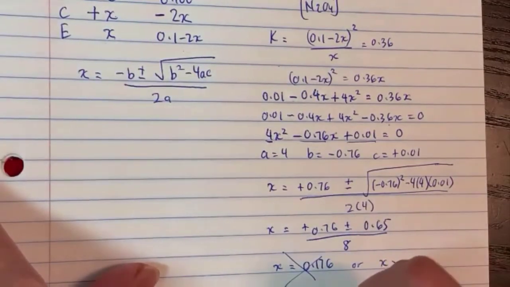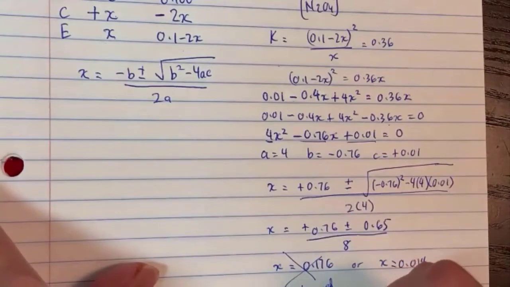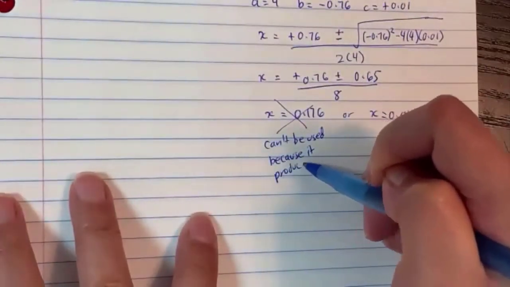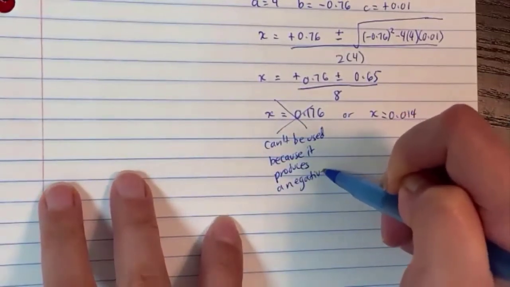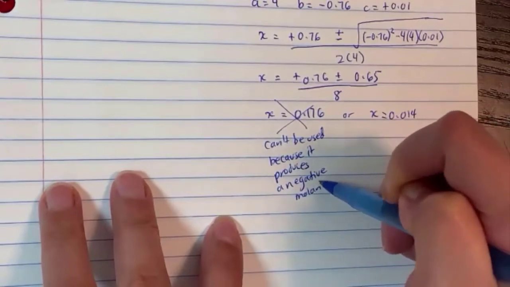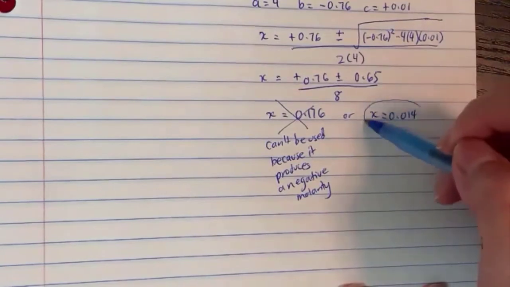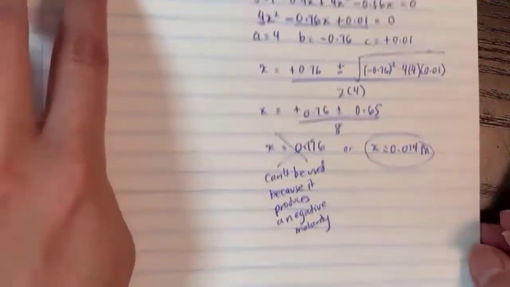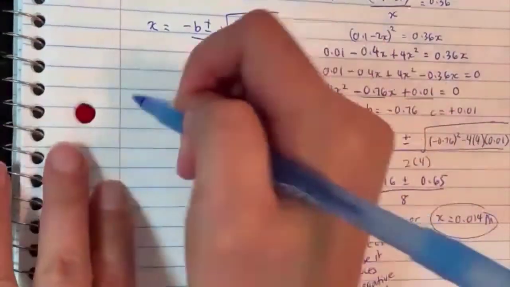So this one here, we will cancel out. I'll write this down here. Can't use this guy, can't be used because it produces a negative molarity. So what we're going to do is keep this guy as my x. Okay, so this is my x, in terms of molarity here. So I'm going to plug it into this equilibrium step. Let me write on the side.